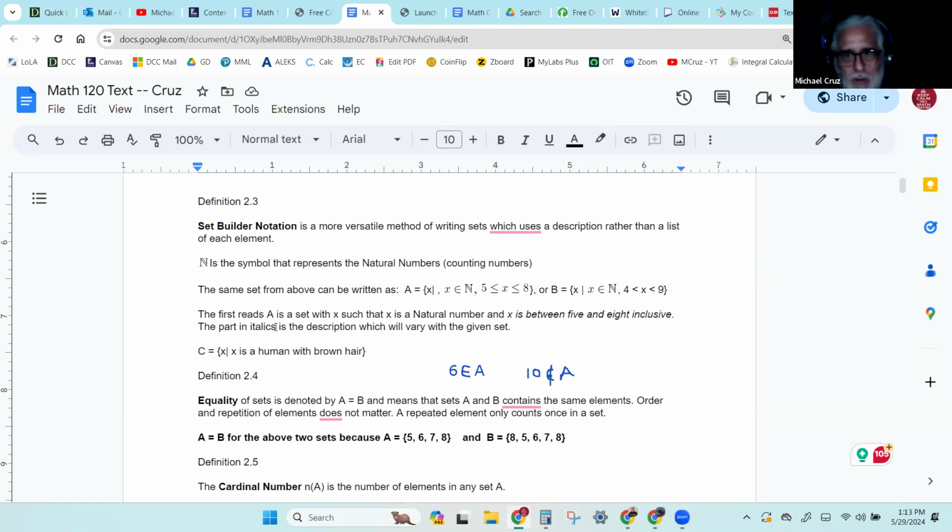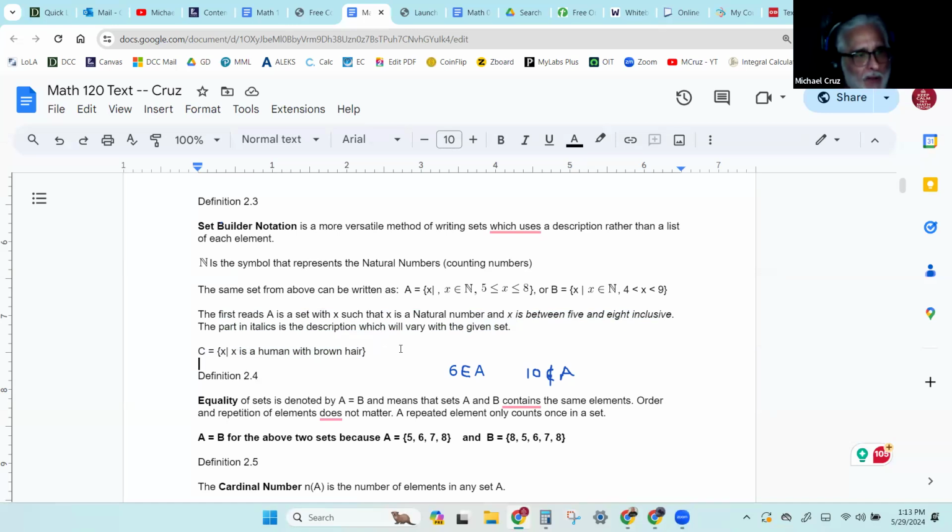All right. They might have some of these using just a description. To me, those are kind of trivial and they don't really have much value, but you can set up set builder notation there. Again, it's a little awkward when you read it, but it's C is a set of x, the little line means such that x is a human with brown hair.